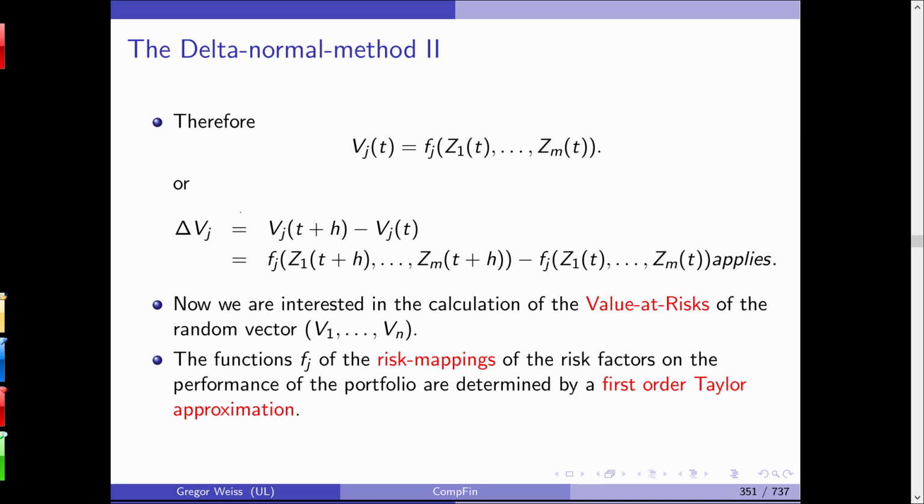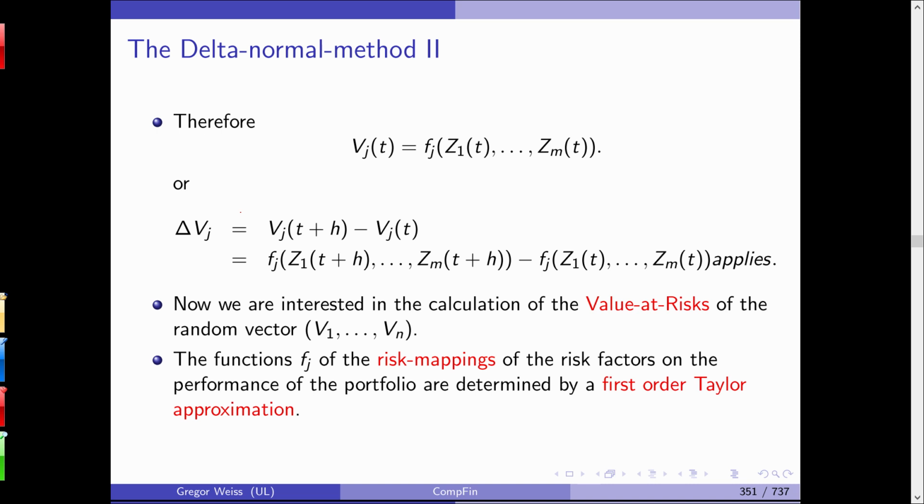So Vj is the jth function of the risk factors Z1 to Zm, and the change in the value will be Vj at t plus h minus Vj at t. After some simple calculations, you realize the same result we also get in the bachelor's class on risk management, that for risk modeling it suffices to look at the changes in the risk factors.